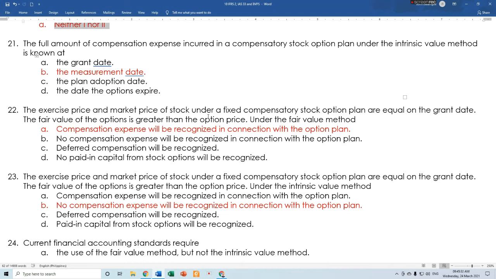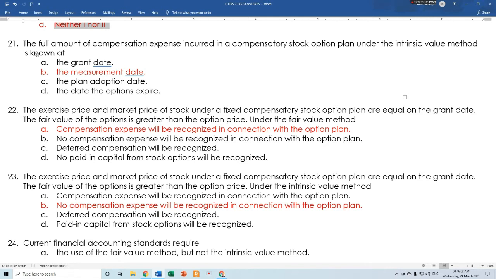Okay, letter B. In this case, the grant date and the measurement date will be different dates.